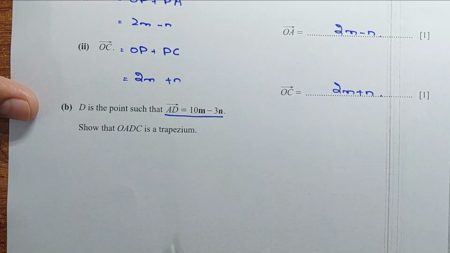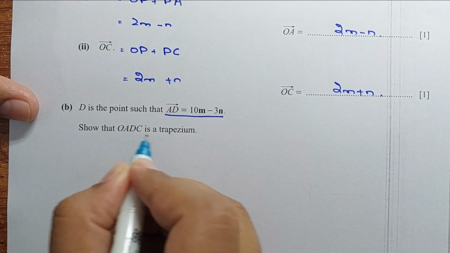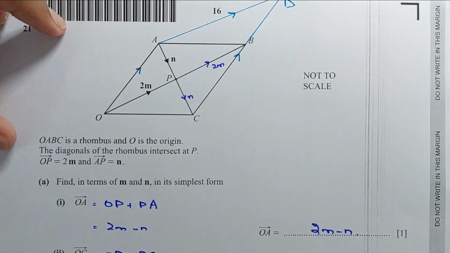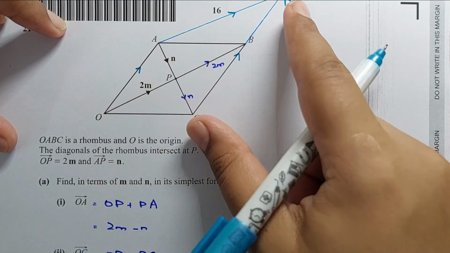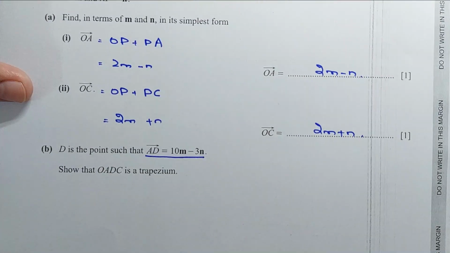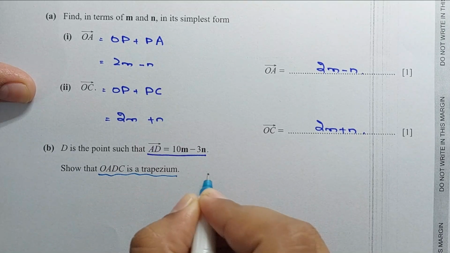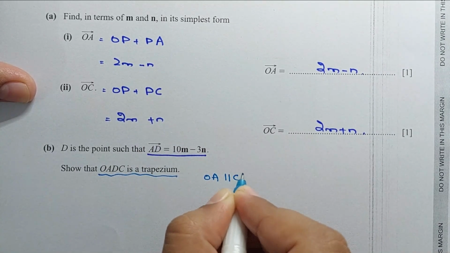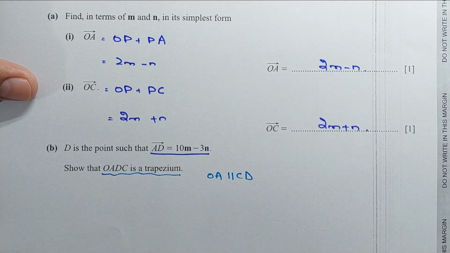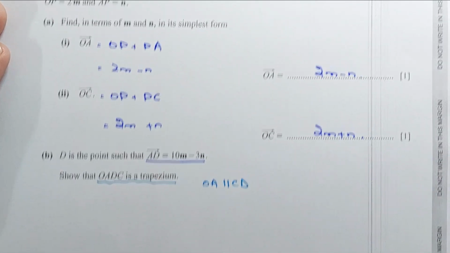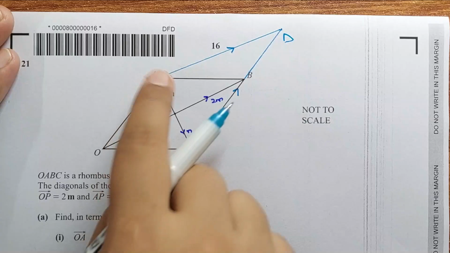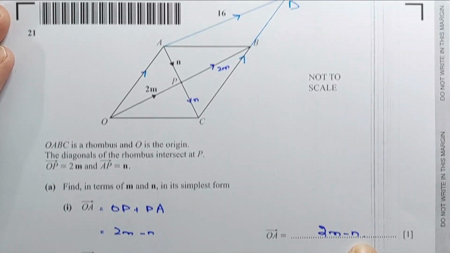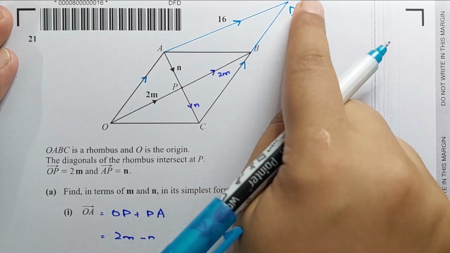In order to prove that OADC is a trapezium, the side OA and the side CD should be parallel. It means OA should be a constant multiple of CD. We are done with OA, which is in the first part, 2m minus n. We need to figure out what C to D is.